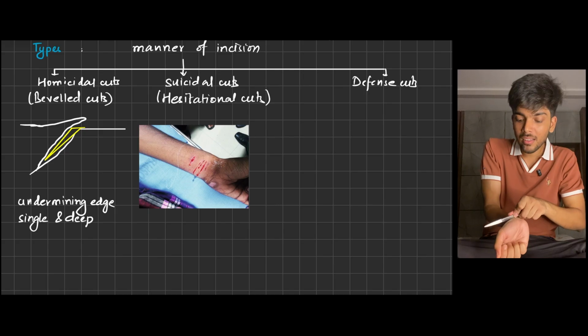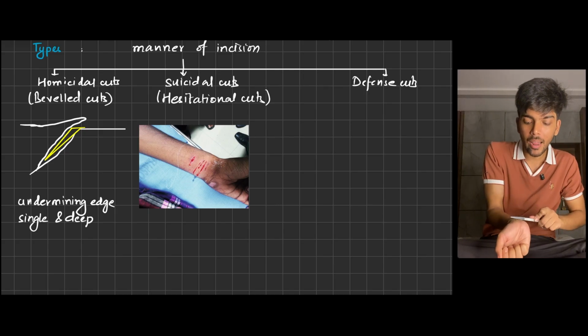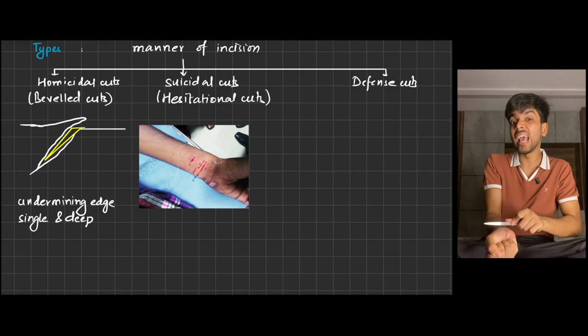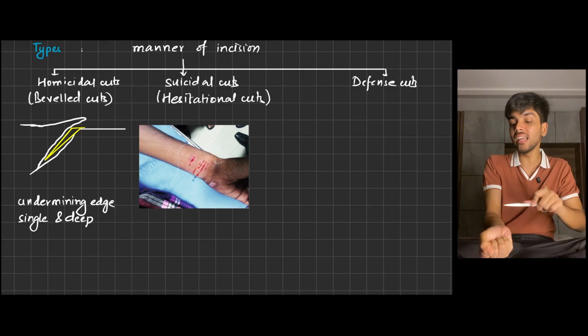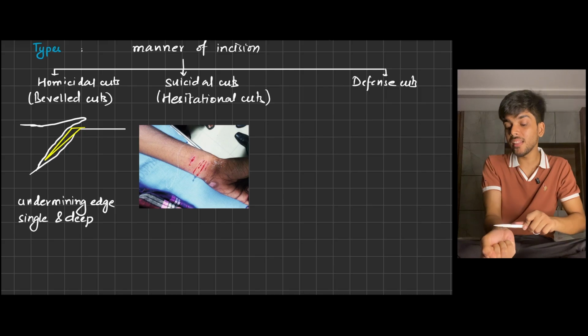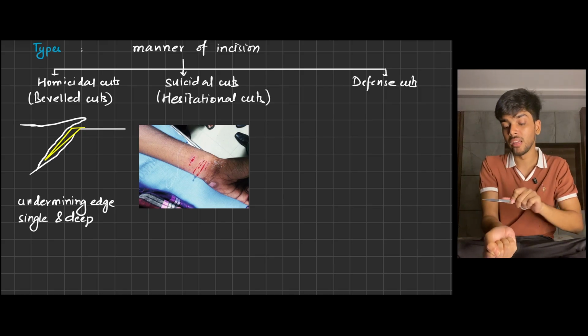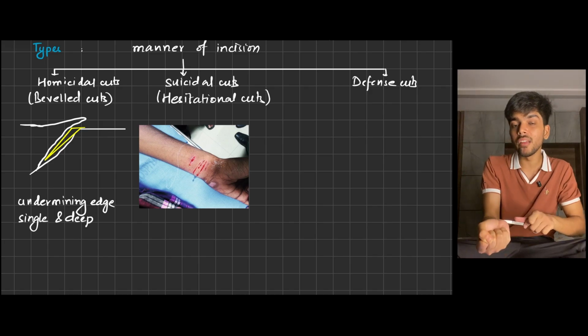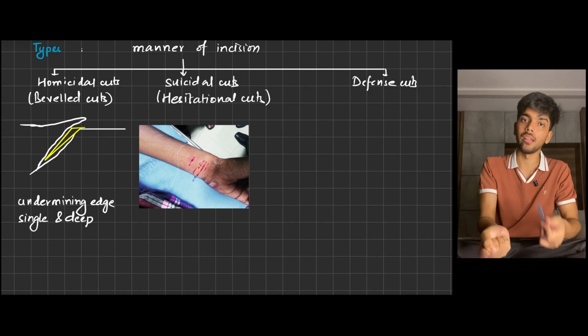You slice it in a straight line. And obviously, at first attempts, you are hesitating. So you are hesitantly cutting. Since you are hesitantly cutting, there are going to be multiple incisions. And finally, there's going to be one single cut which is deep enough to finally kill you.